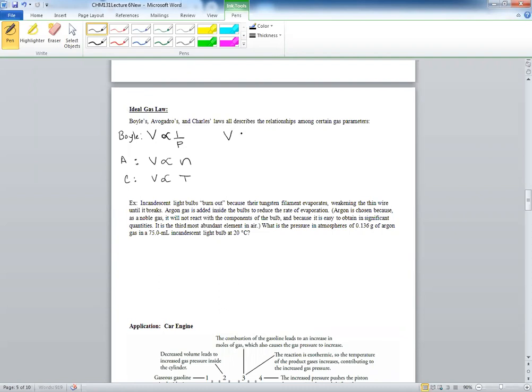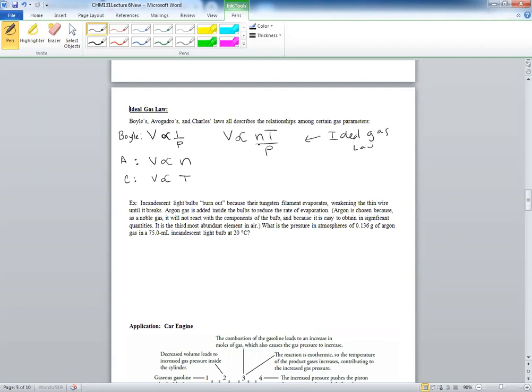Volume is proportional to the number of moles times T, and P, look at it, it's in the numerator, it's in the denominator. So that's the ideal gas law relationship. Or we're just going to call it the ideal gas law.